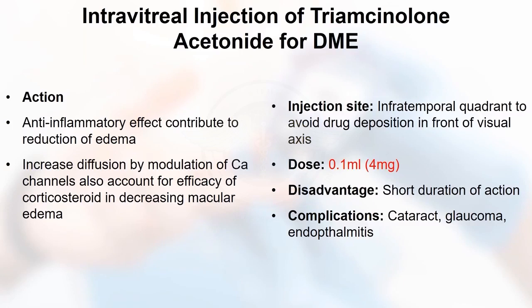Injection site: inferotemporal quadrant, to avoid drug deposition in front of the visual axis. Dose is 0.1 ml, that is 4 milligram. The disadvantage is short duration of action. Complications of the steroid injection are cataract, glaucoma, and endophthalmitis because of infection.